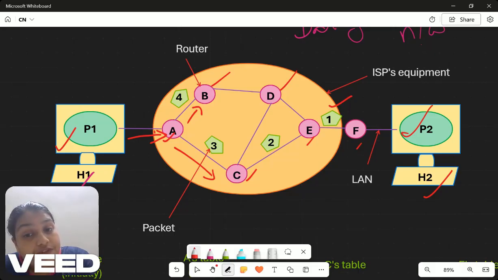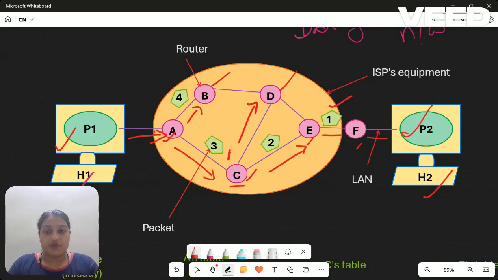Again, it has options. Say packet 1 is over here at C. Then it has two options. It can go from C to D or C to E. So if packet 1 chose E, then it has to go like this.